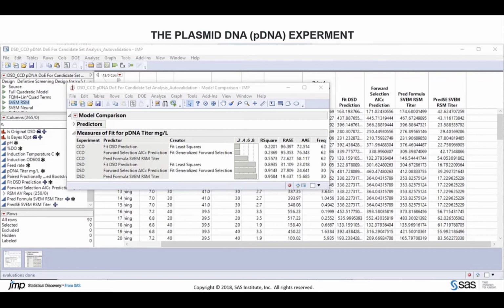Those both have about half the R-square that the S-VEM model does. This is pretty remarkable and is fairly typical also of the kinds of accuracy that we're seeing on examples that we try S-VEM out on in conjunction with other variable selection approaches that have been around for longer.